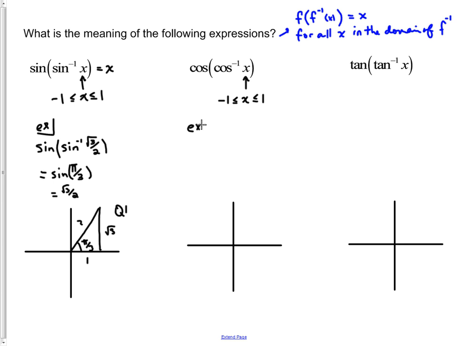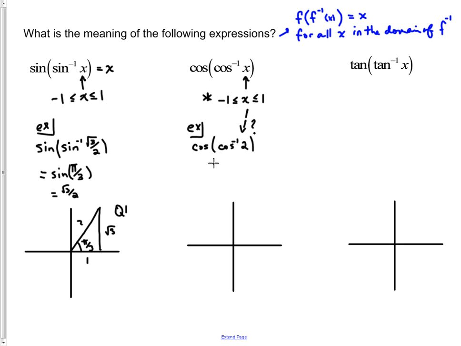Now, again, I want to emphasize this particular item right here, that our values for cosine must be between -1 and +1. If we are at all asked to determine something like the cosine of the inverse cosine of 2, we'll have to take one look at that, think about our domain, and think to ourselves, no, that's not true, because x has to be between -1 and 1 for this to work.